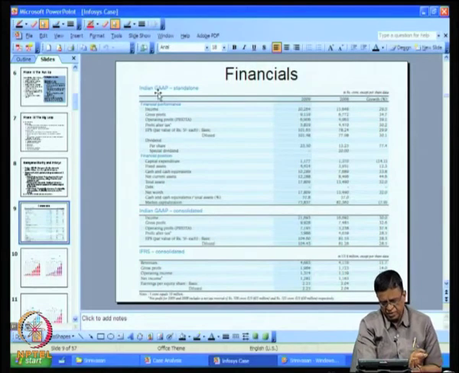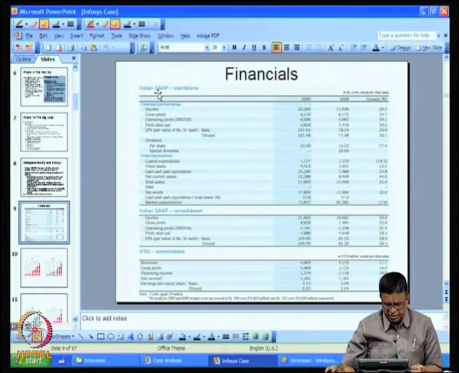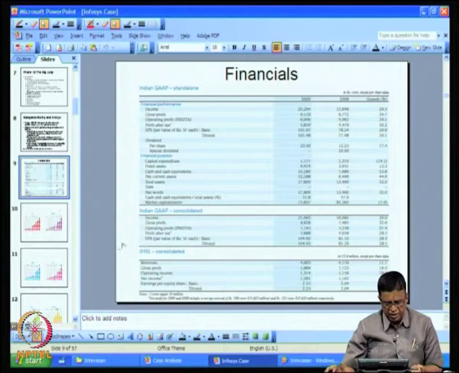So, what this slide presents to you is the financials from the Indian GAAP, that is the generally accepted accounting practices from the Indian side. They also give you US dollar million, how much the company has made.